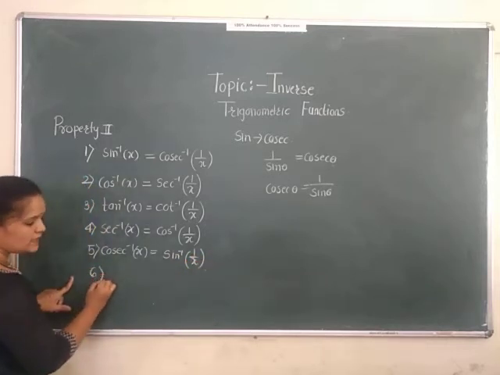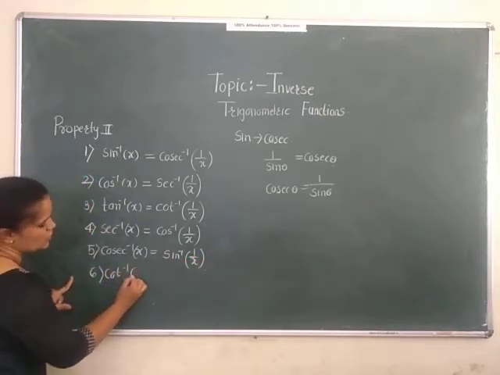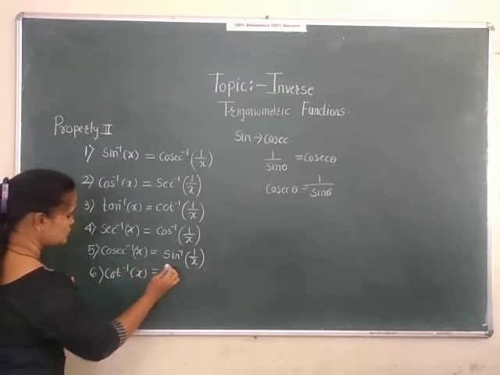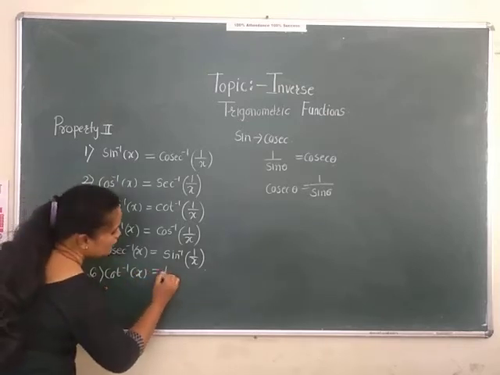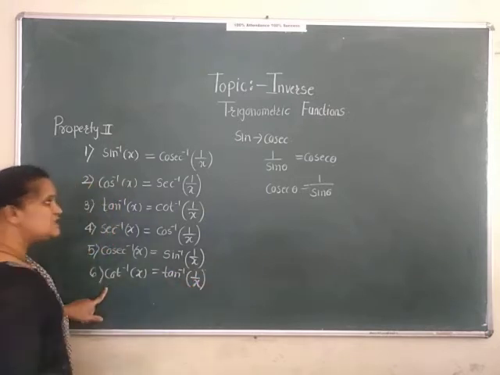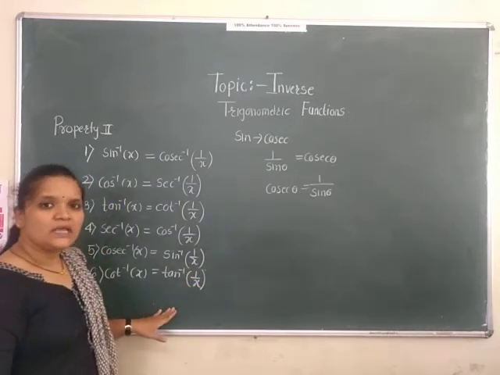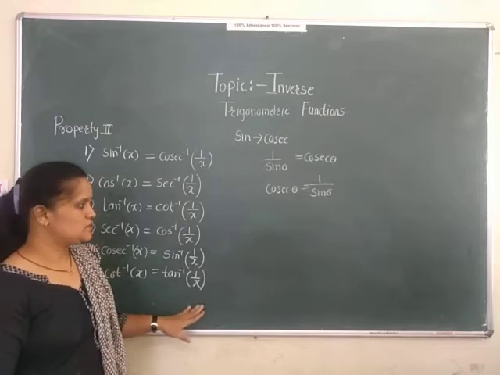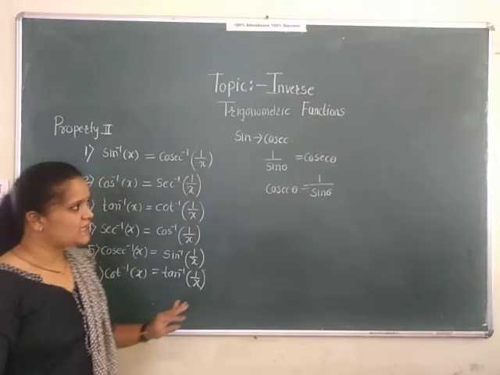And finally cot inverse of x is equals to cot का रेसिप्रोकल है tan inverse of 1 by x. So these properties are used in various examples. So you should note this down.